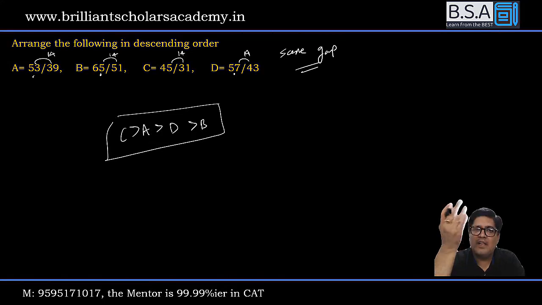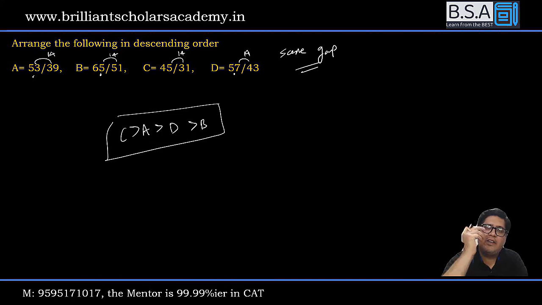So it becomes a 30-second problem now. If the gap matches, it becomes a 30-second problem. If the gap does not match, you have three different methods. Gap matches, proper ratio increases with the number, improper ratio decreases with the larger number. Is the answer clear?